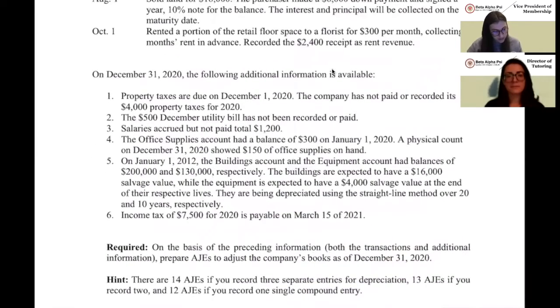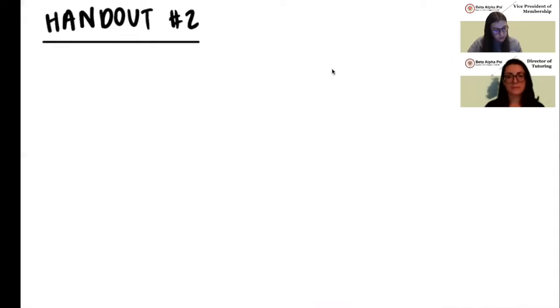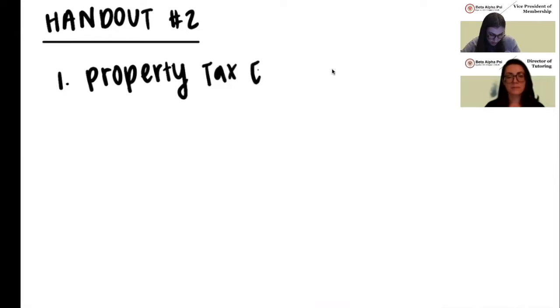So number 1 says, property taxes are due on December 1st, 2020. The company has not yet paid or recorded its $4,000 property taxes for 2020. So the journal entry for that is going to be a debit to property tax expense for $4,000.